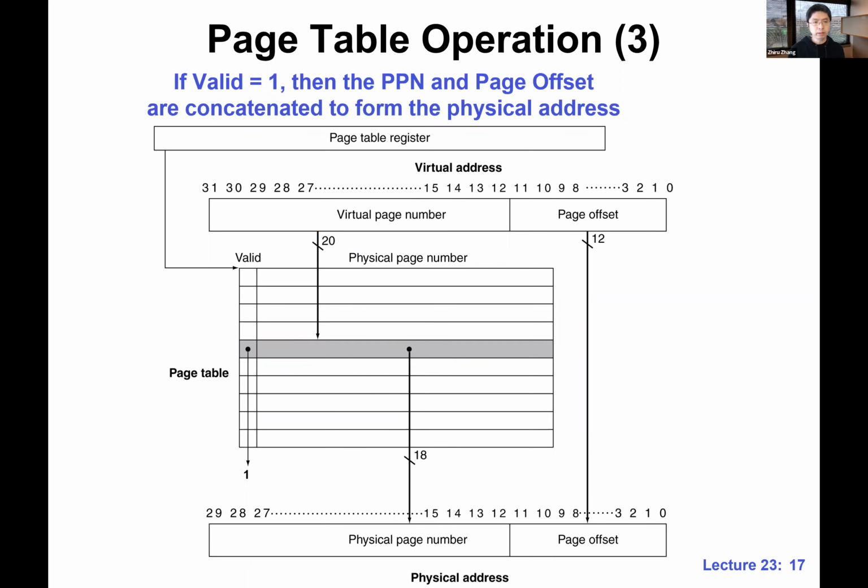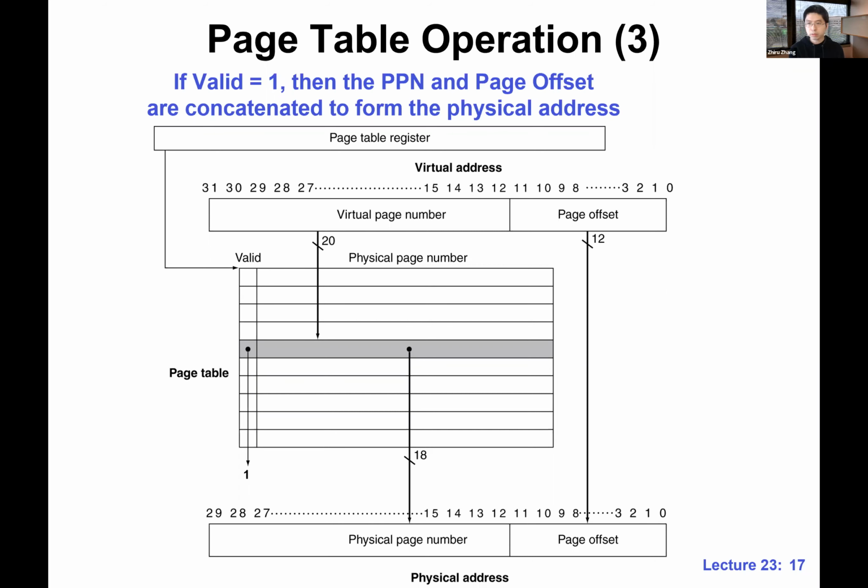Now we have the real address. Now we can find the real data from the physical memory. Any questions about this one? About the sequence? Right, so really it's nothing special. What we are doing is just a page table lookup.